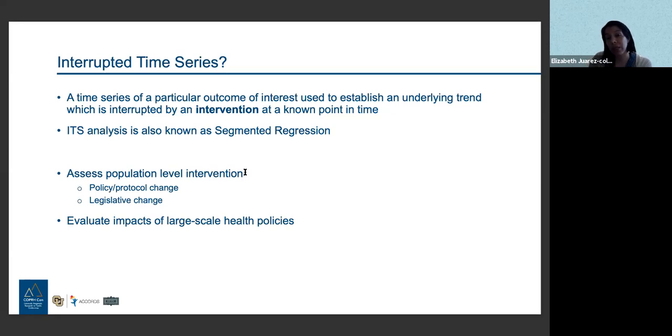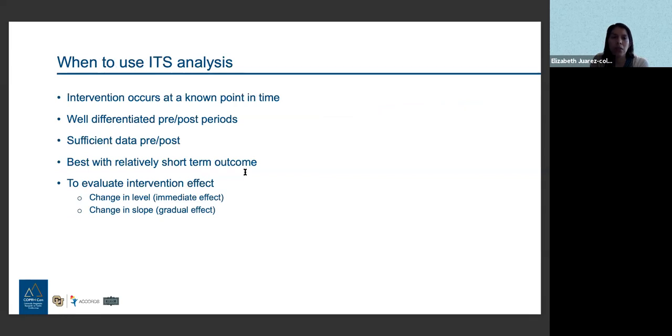That's one of the examples we'll go through, in which at the University of Colorado there was a protocol change in the way asthma exacerbations, or I think it might have been other respiratory infections, were treated. So essentially, we would want to see whether there is an effect of the intervention because of the change.